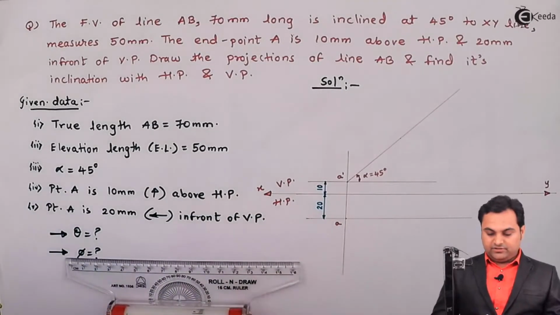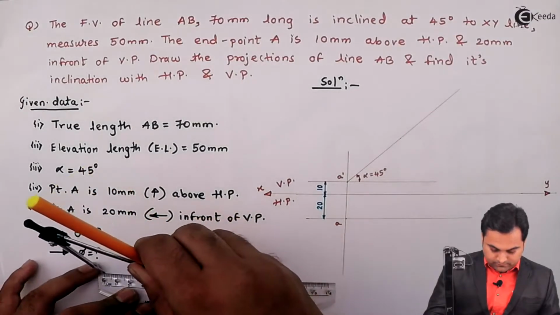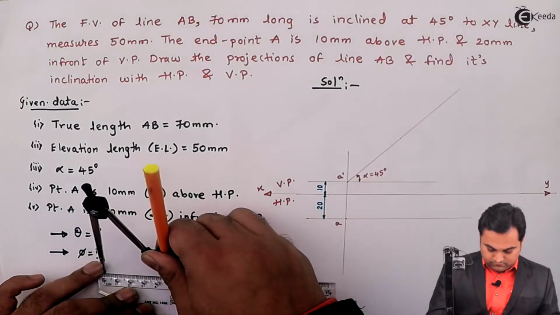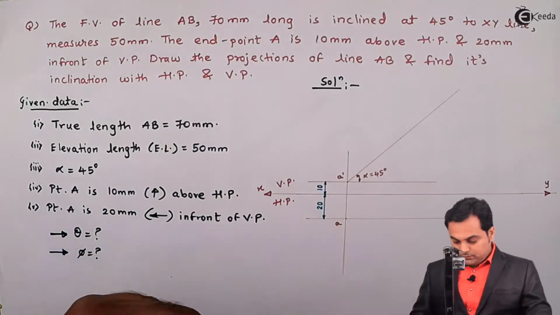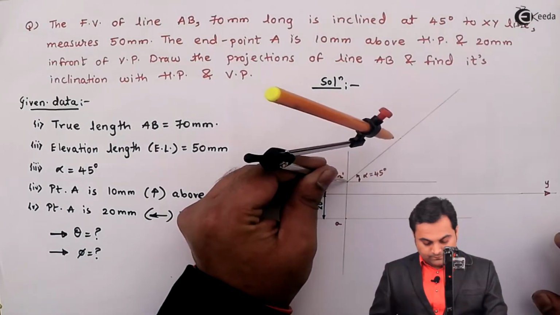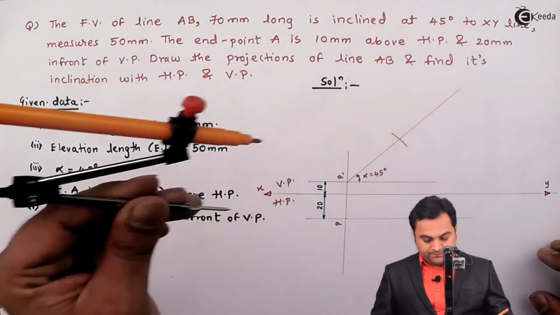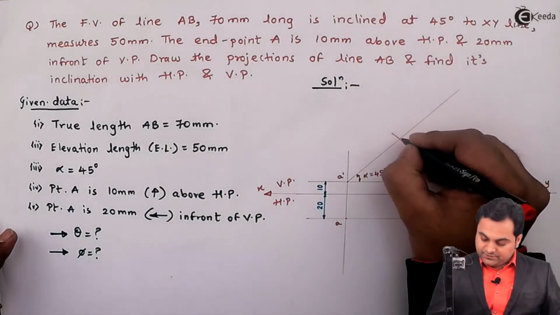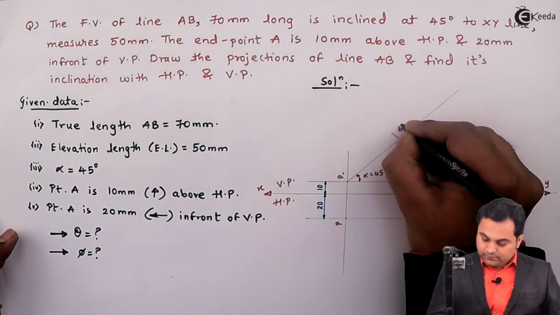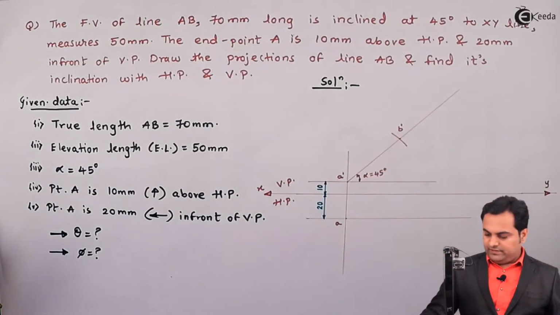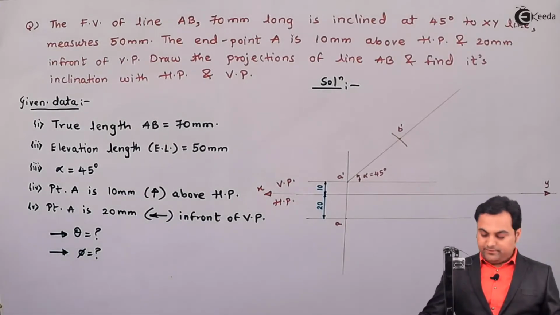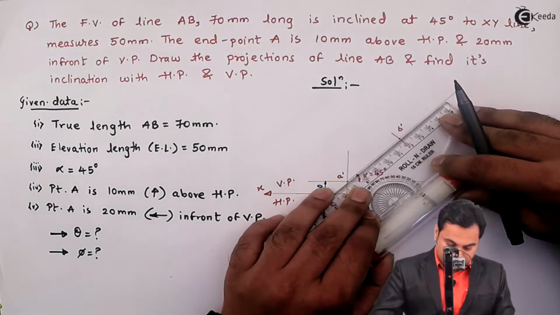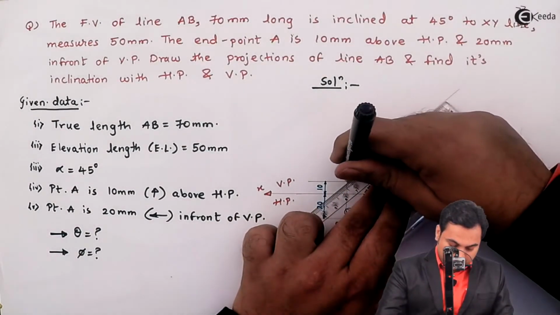So I'll measure that elevation length. From A dash, I'm cutting this line and giving the notation as B dash. Now that is the actual line, so I'll directly make it dark because elevation length shows the actual line.